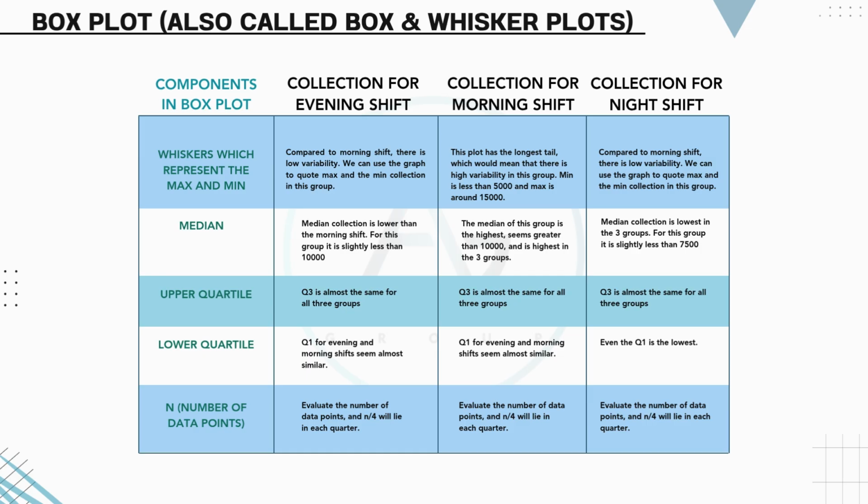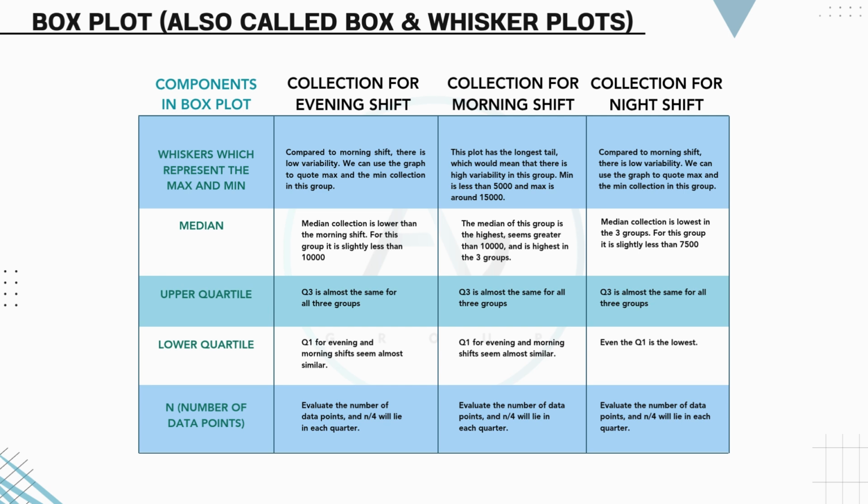For all shifts, remember that box plots divide the total data points, N, into four equal parts, with N/4 in each quartile. You should evaluate the sample size to assess reliability and context of these visuals. Conclusion: this structured view helps compare central tendency, spread, and variability across shifts.